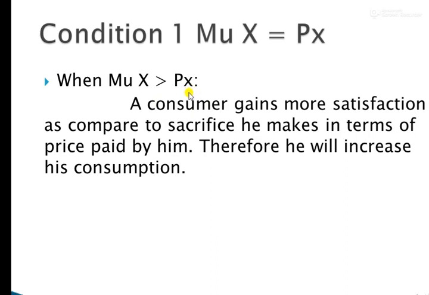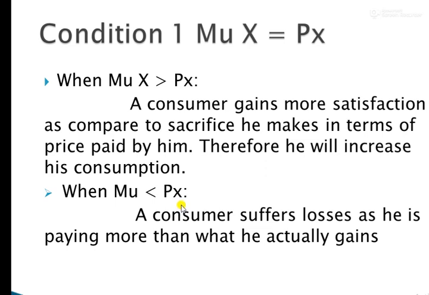So he will not stop here. If marginal utility is more than the price, then the consumer will keep on increasing his consumption. And if marginal utility is less than the price, it means what he is getting is less and what he is paying is more. Then a rational consumer will not continue his consumption. Definitely he will reduce his consumption.